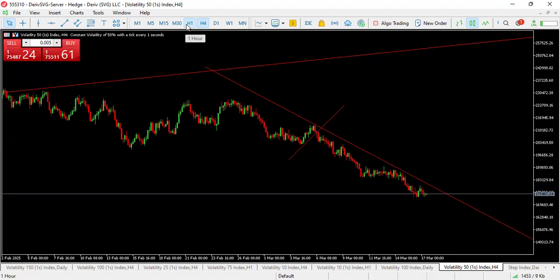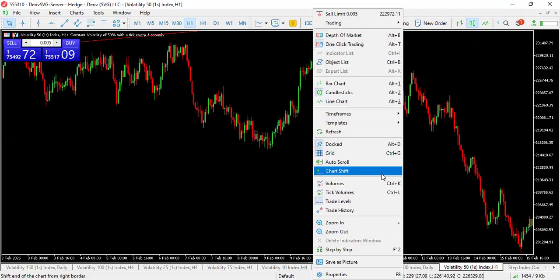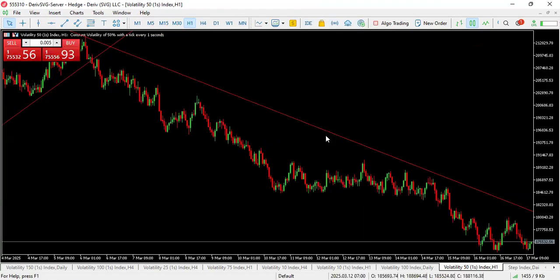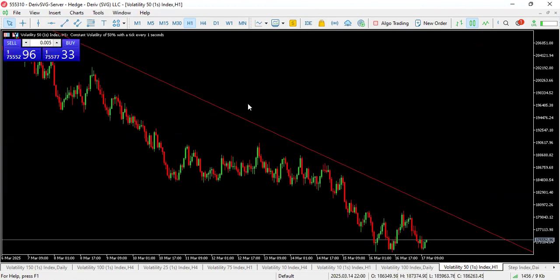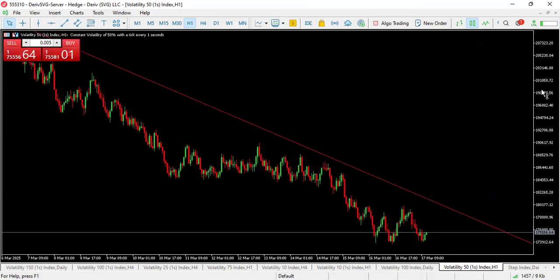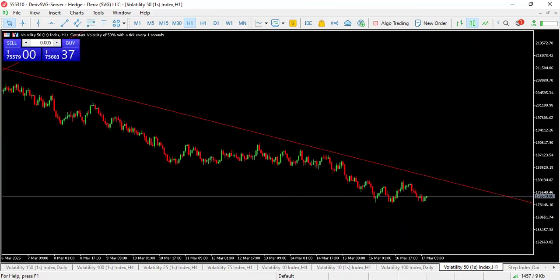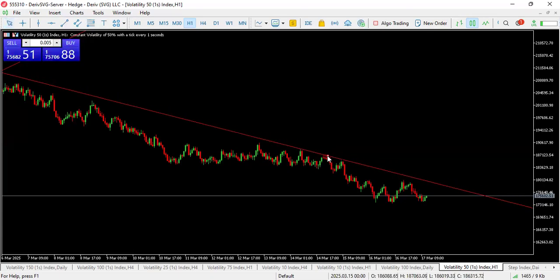Let's see with 1 hour time frame. Okay. Now let's assume that the market will get to this place again. Let's assume, because now if you can see, the market is ranging, don't sell because the market is there.